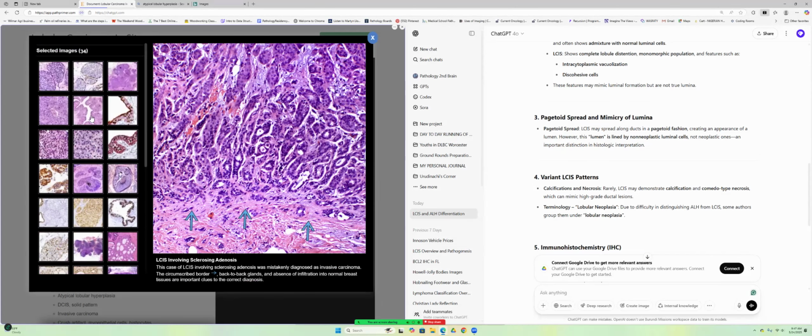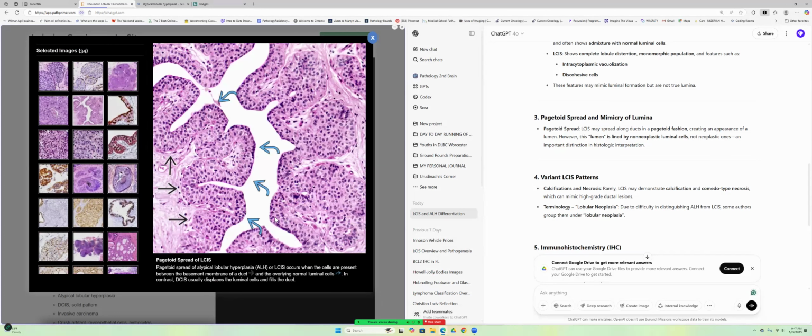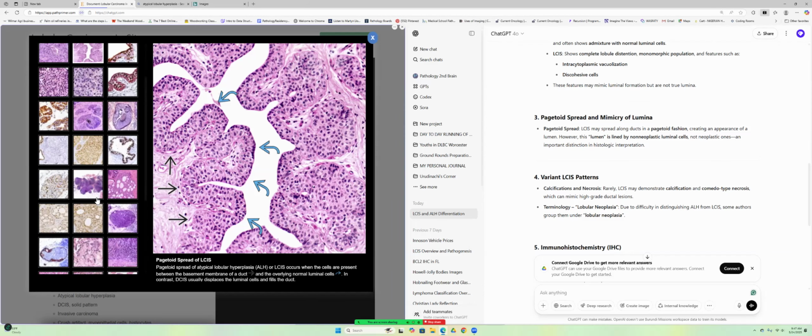So clinging type, I can't find. Okay, well, here, look at this. This is the pagetoid type you were talking about. Yes, it's sandwiched. But I'm looking for the clinging type LCIS. We saw it last time, right? I don't know exactly where we saw it.